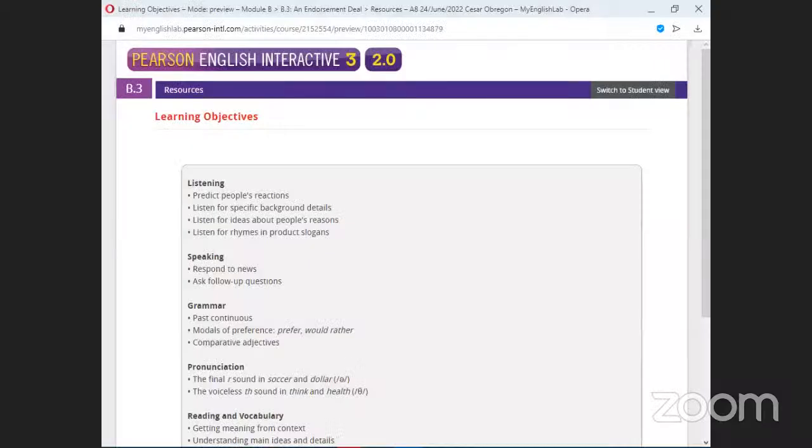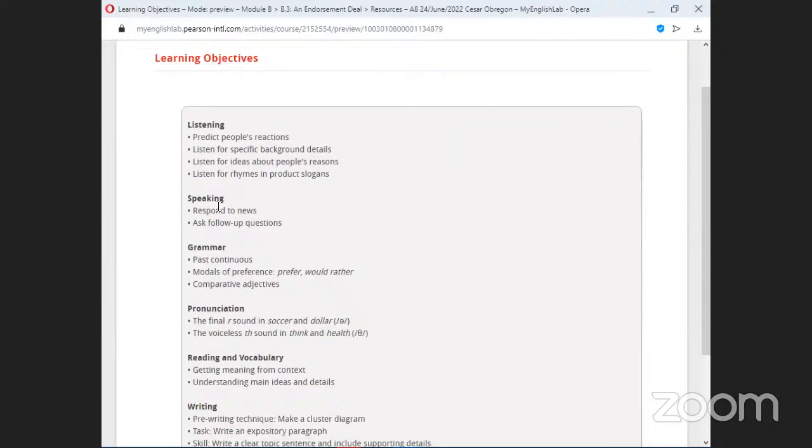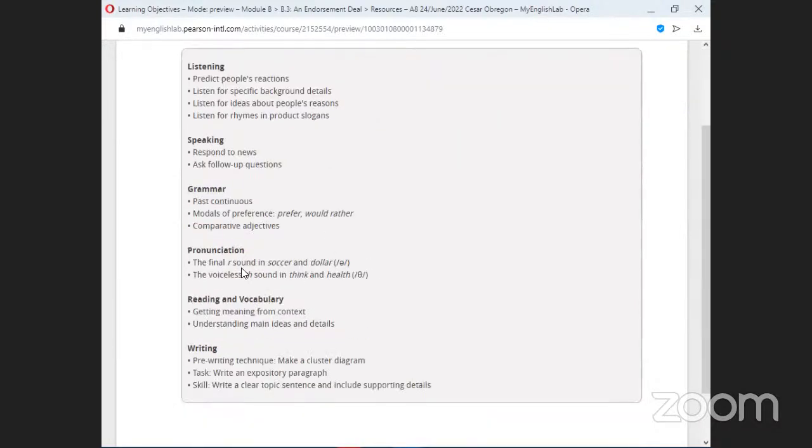I'm just going to show you really fast the objectives so that we can catch on what we were practicing last class. Give me just a second. Okay, so we are in this section, correct? Yes. So we watched the videos, we did some speaking exercises, also some reading and vocabulary.